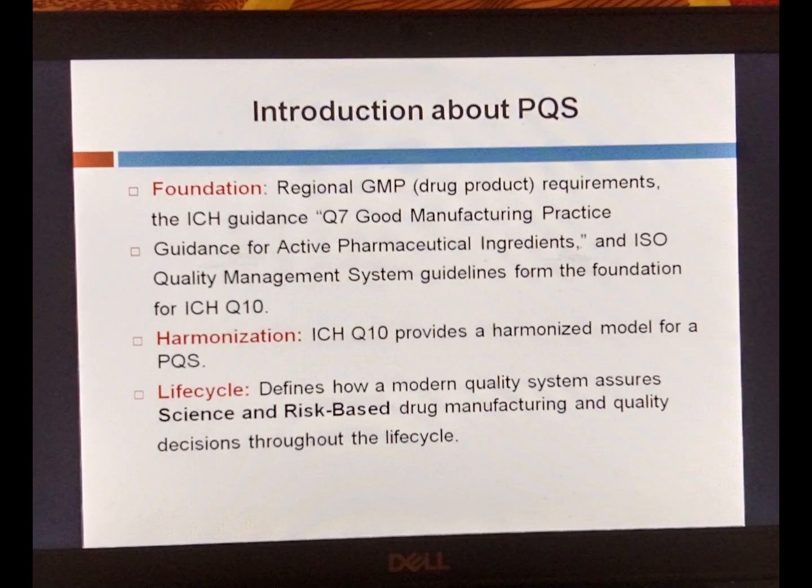Harmonization: ICH Q10 provides a harmonized model for a PQS life cycle. It defines how a modern quality system assures science and risk-based drug manufacturing and quality decisions throughout the life cycle.